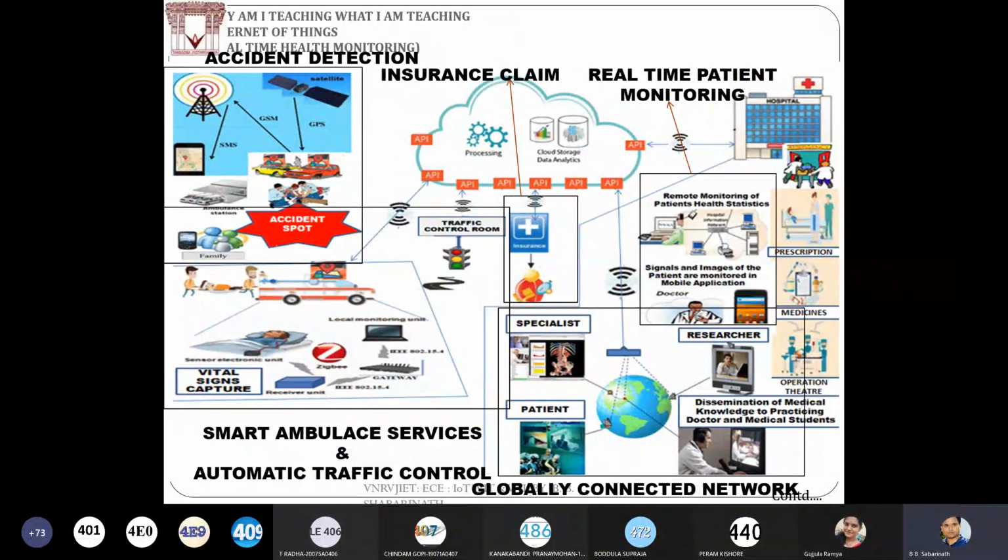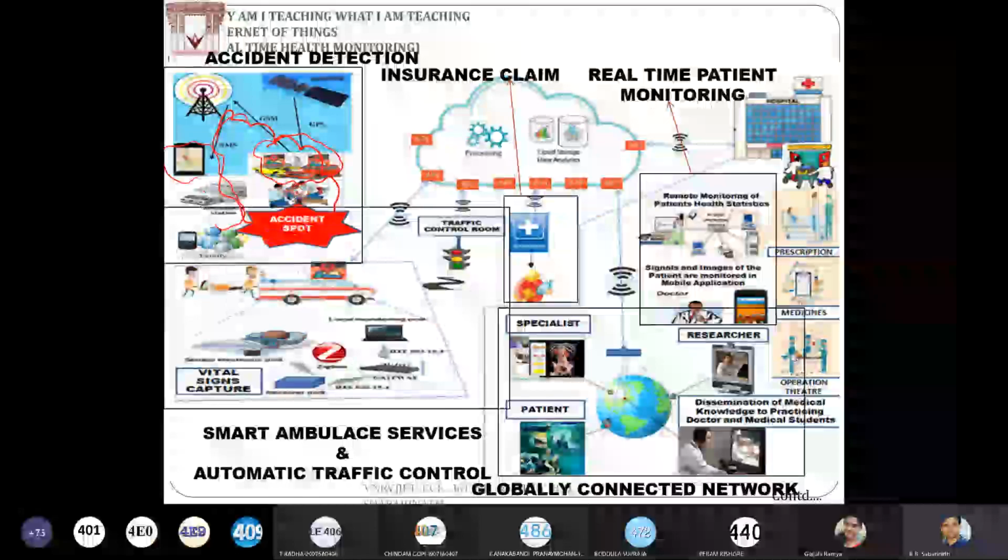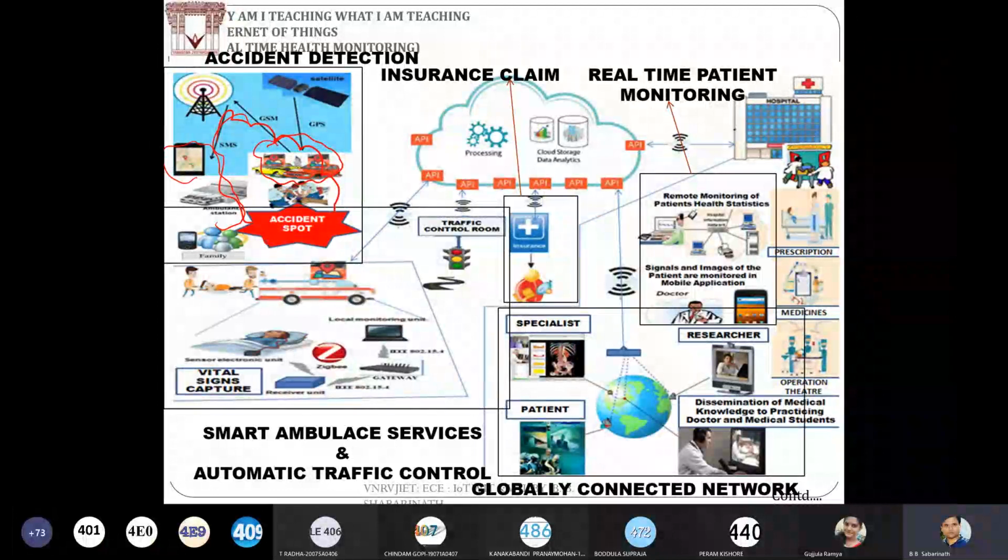Another system, for example, if any accident happens, you see the advantage. This accident can be automatically detected by the car. So these cars will send a signal to the nearest ambulance station or nearest hospital, so the ambulance will get the location. The ambulance automatically goes to the spot and takes the patients.